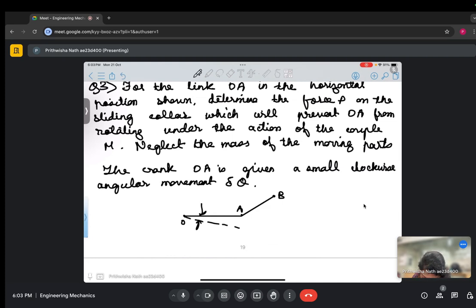So this is delta theta. This point A has moved to position A prime. So A delta theta is delta y, right? And B has moved to this point, B prime. This is minus delta x.